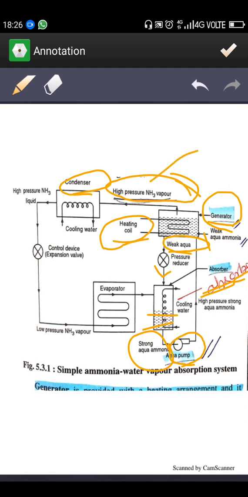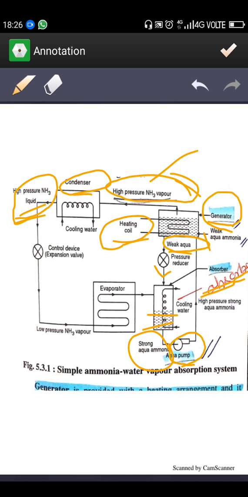Now we are coming here again. This high pressure NH3 vapor is moving toward the condenser. In the condenser they lose their heat, or we are cooling this high pressure vapor. When these high pressure ammonia vapors are cooled, a phase change occurs and the ammonia vapor comes to liquid form. You can see here high pressure liquid.